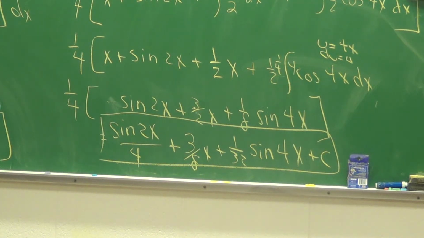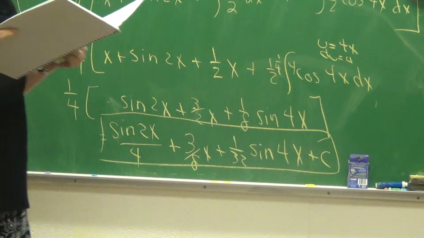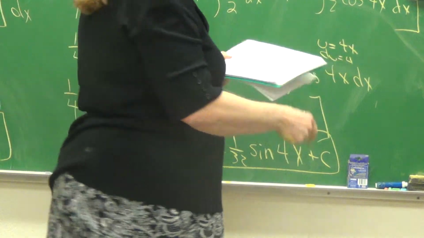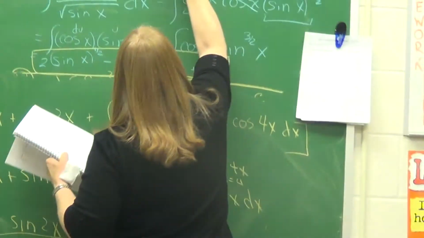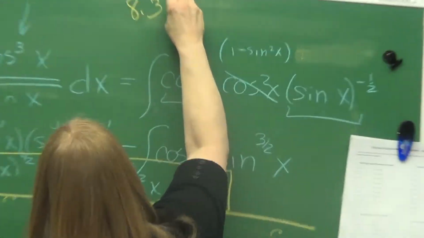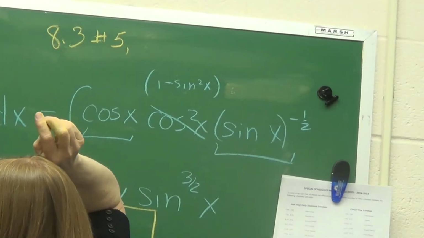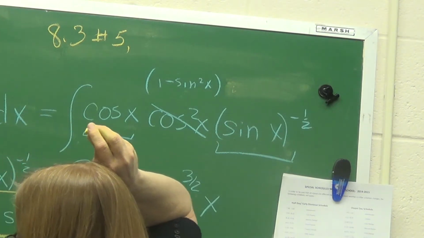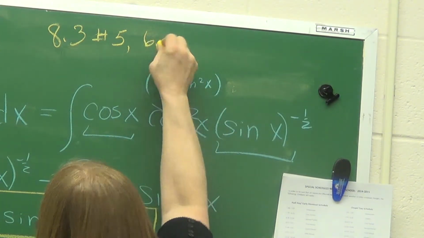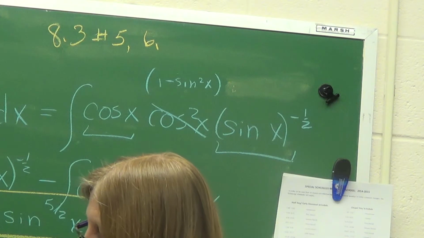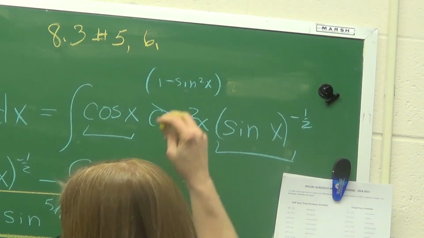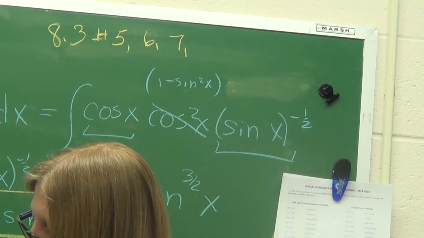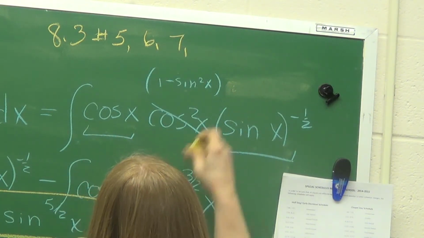All right, the homework is section 8.3, number 5. That's an odd guy. Number 6, odd guy. Number 7 is an odd guy. Number 8 is an odd guy, and we'll do one even guy.